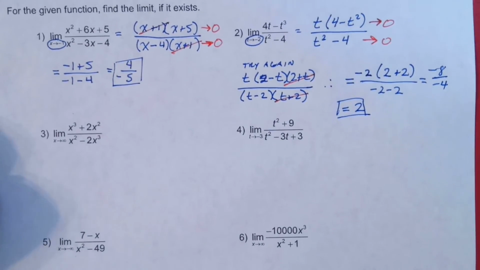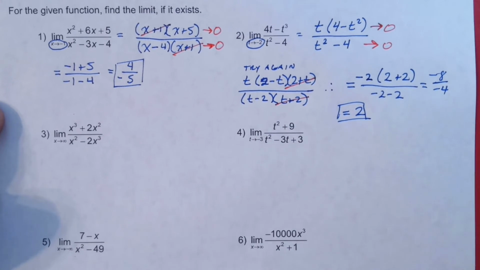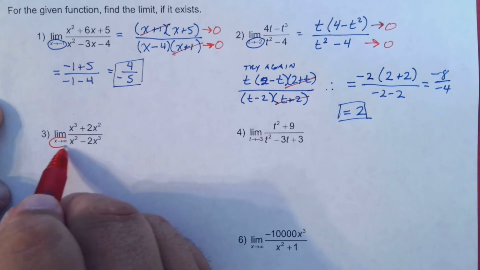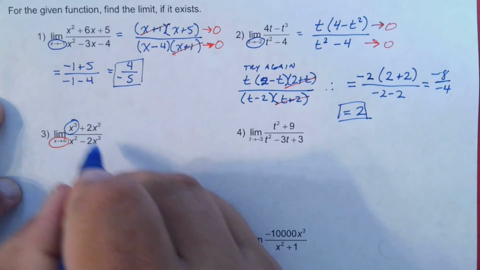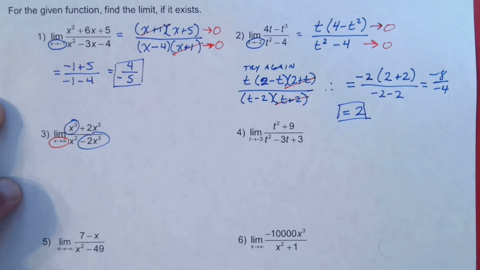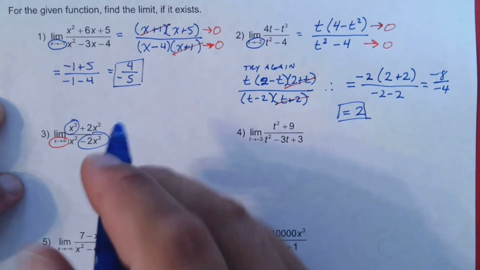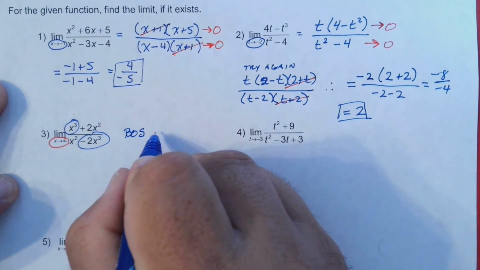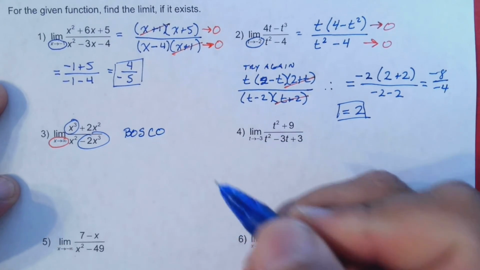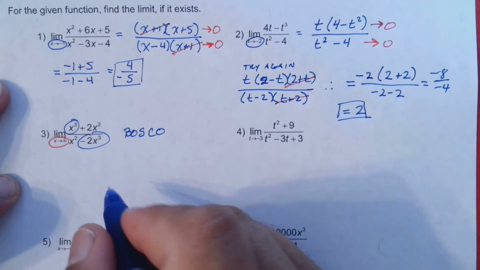Okay, so if we look to the next examples, here I have a limit as I go to infinity. When I have a limit that goes to infinity, I want to look to see where my highest powers are. So in the numerator, my highest power is x cubed. In the denominator, my highest power is x cubed as well. So when the powers are both the same, you look to the ratio of the coefficients.